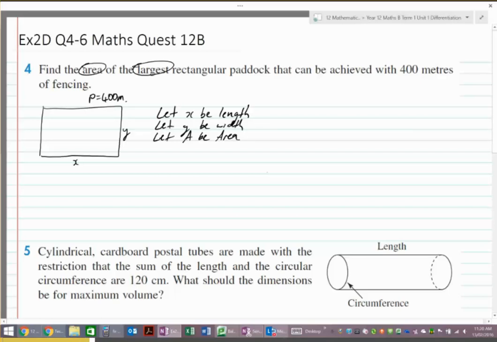I'll write a formula for my area. The area of that rectangle is xy. The perimeter of that rectangle is 2x plus 2y. I know that the perimeter is 400. I can now rearrange this to get one of these variables by itself and substitute into my area formula.